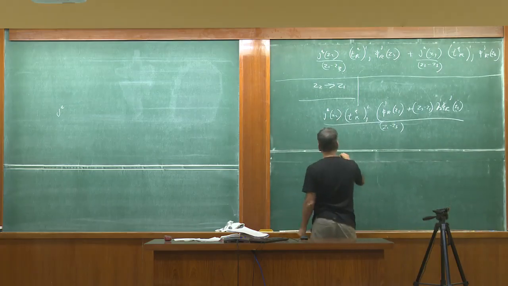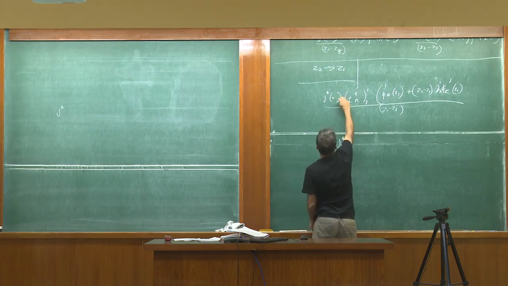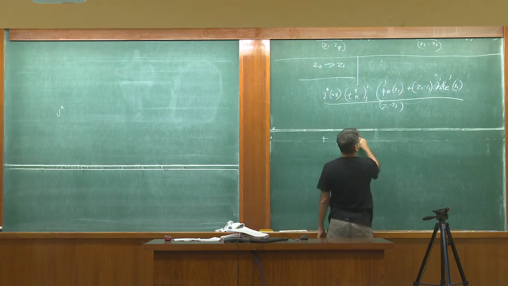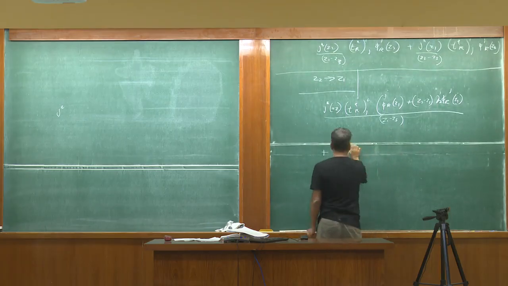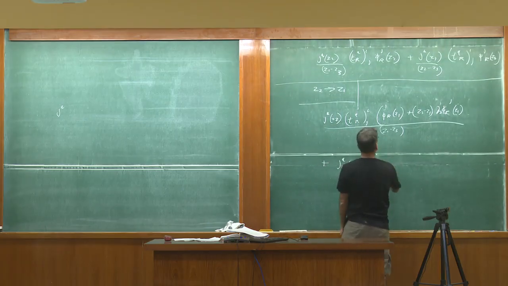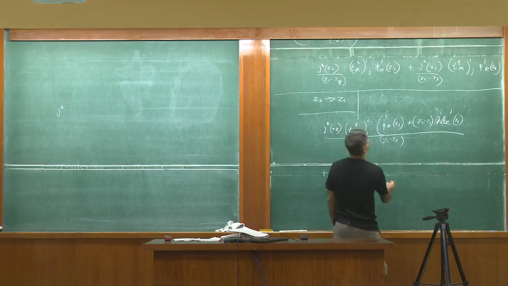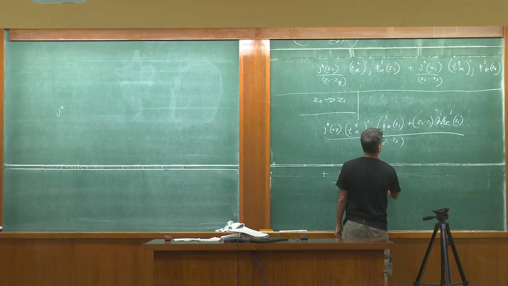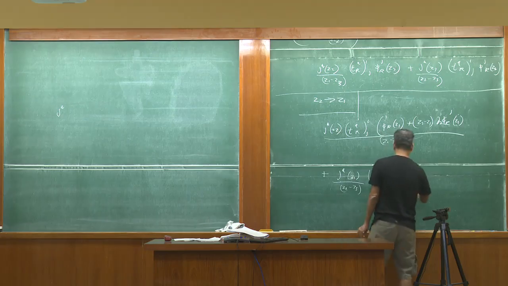Let's write that down. That is JAZ, this was 2. That was JAZ1 by Z2 minus Z3 into TARIJ phi J of R Z1, let's say.